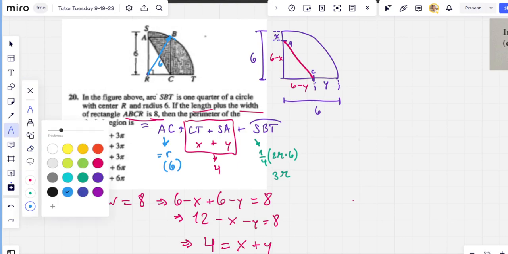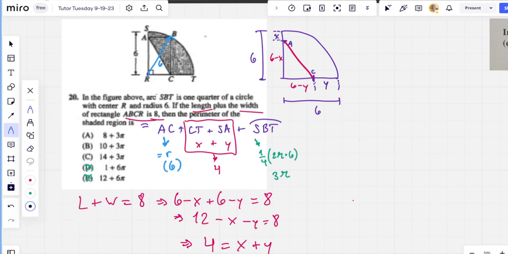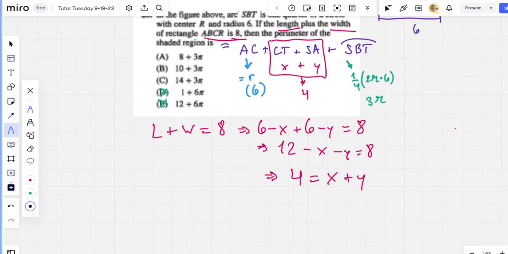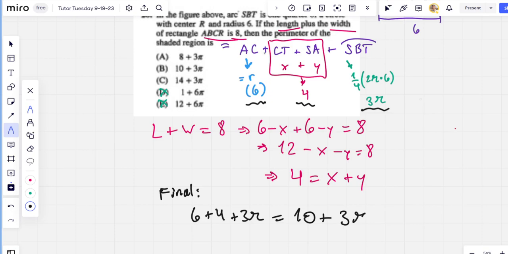So in total, when we're adding everything together, let's put this together with this together with this. Final is 6 plus 4 plus 3 pi, which is equal to 10 plus 3 pi, which is answer choice B.